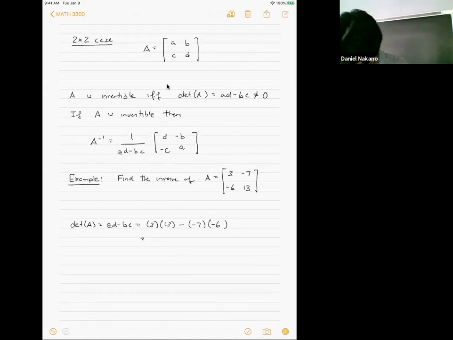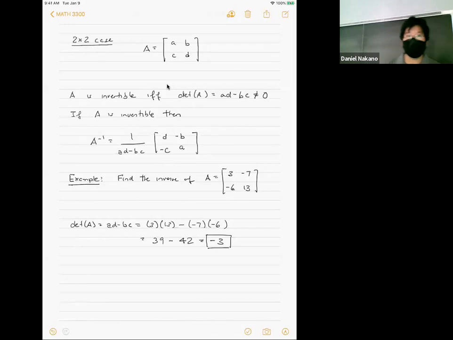Okay, so we have 39 minus 42, which is -3. Okay, so the determinant is -3, clearly not equal to 0. So that means that this matrix has an inverse.